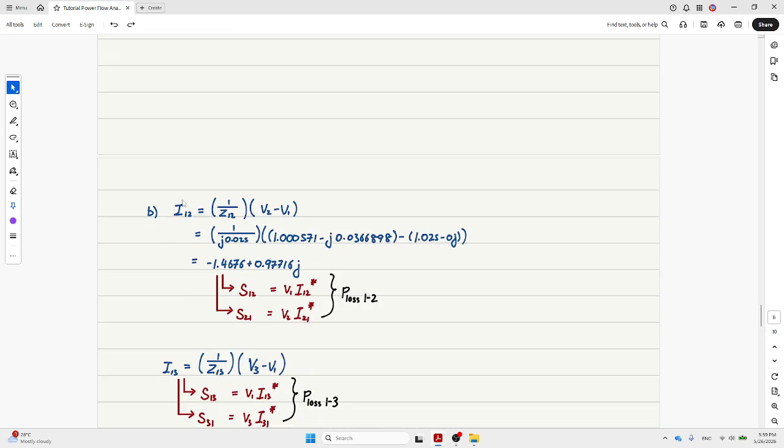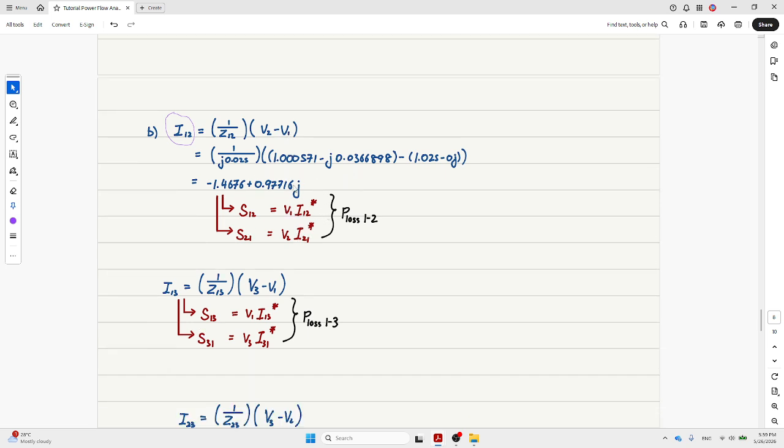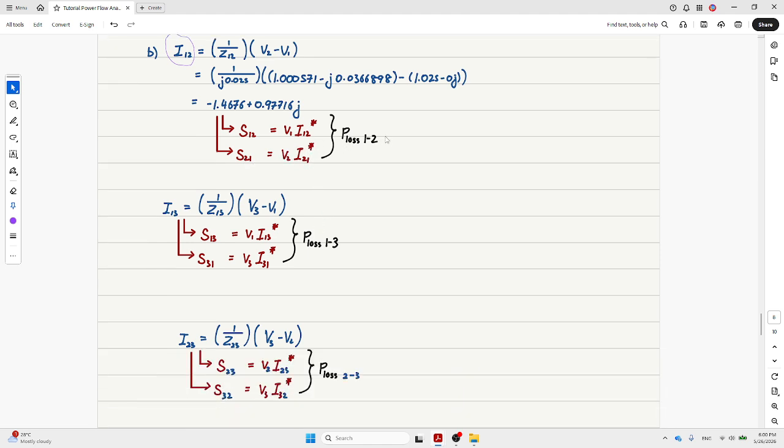Okay, first you have to calculate I12, which is the current between bus 1 and 2, correct? So which is 1 over Z12 times V2 minus V1. So the value is this one. Then S12 is V1 I12 conjugate, and S21 become V2 I21 conjugate. This is calculate the losses of bus 1 2.